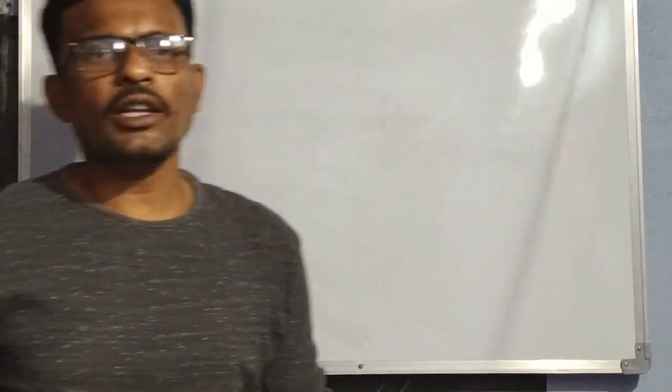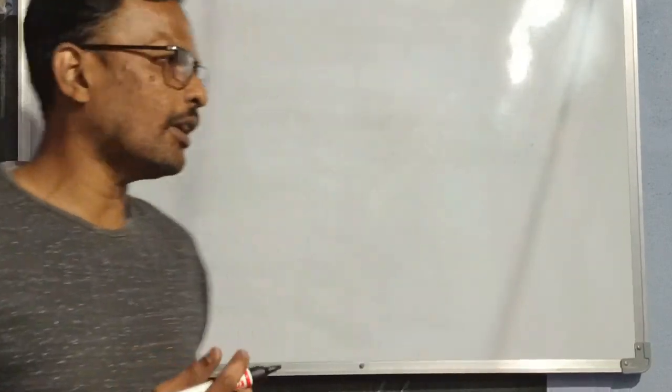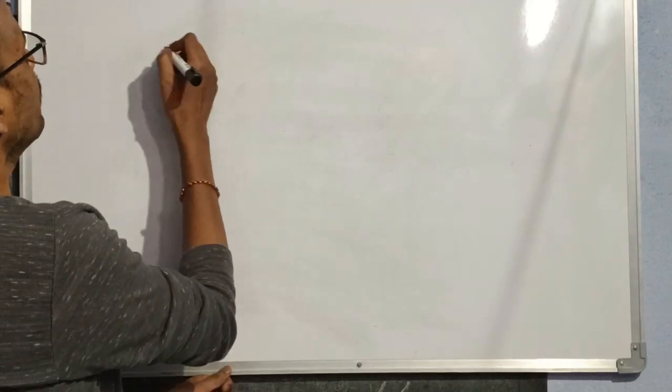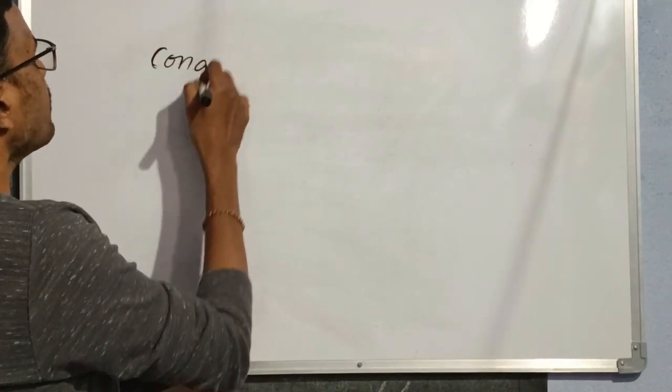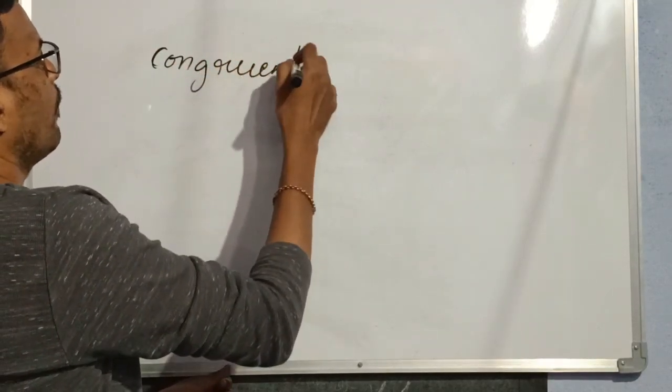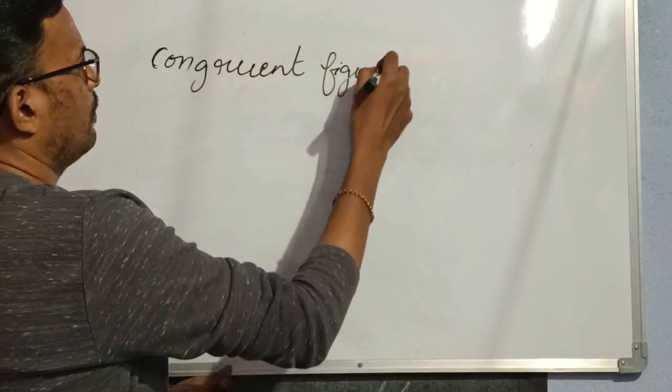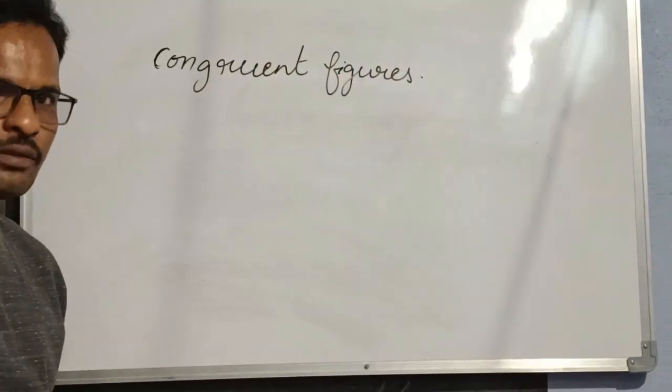This already I hope some members have learned in their 9th class about congruency of triangles, correct? There our first definition is congruent figures. So what are congruent figures?